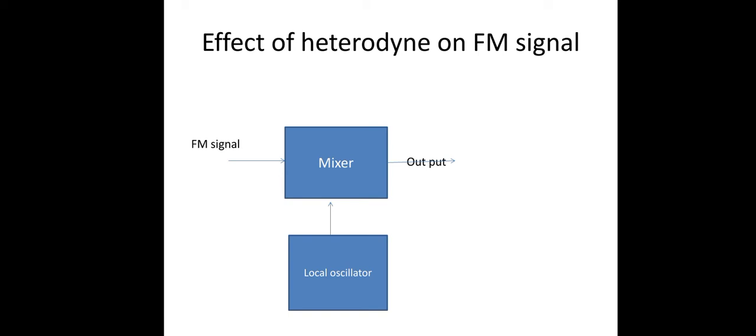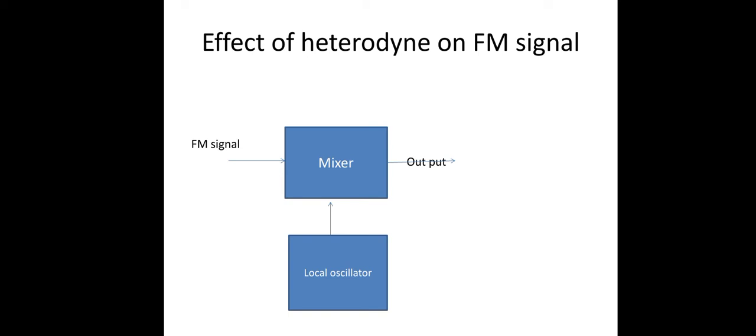The sum component has frequency FC plus FL, where FC is the carrier frequency and FL is the local oscillator frequency. The difference component is the difference between the two frequencies.